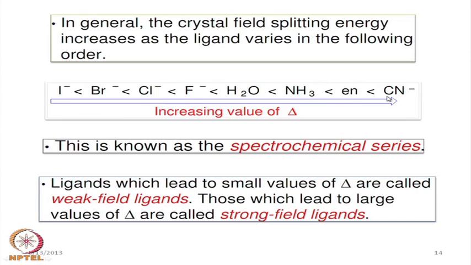But the ligands on the right hand side of the series, such as en or CN minus, lead to large delta values and are known as strong field ligands. So, we can have two different types of ligands, weak field ligands and strong field ligands, and some of them will be in between, the intermediate type of ligands.